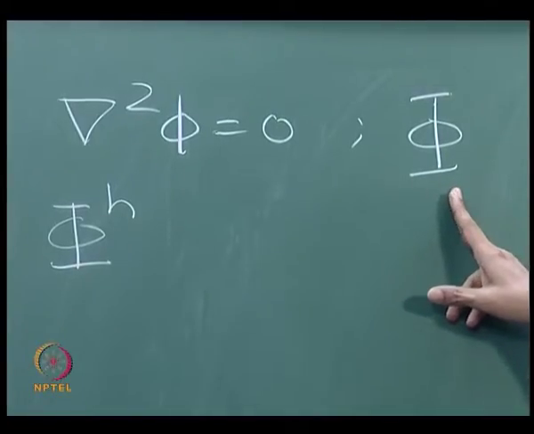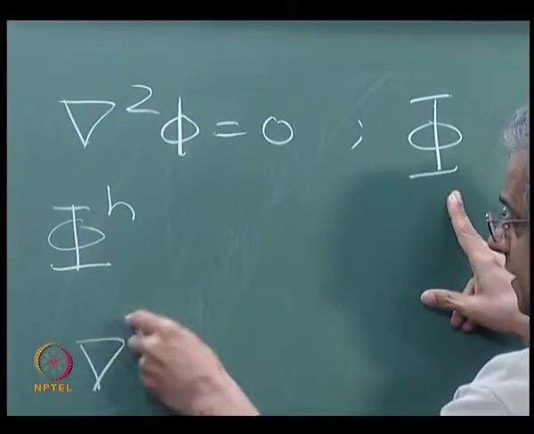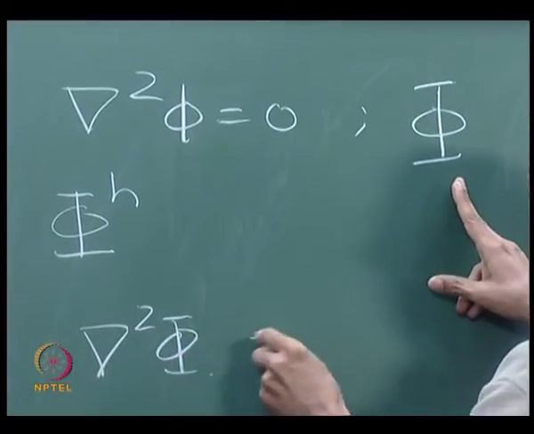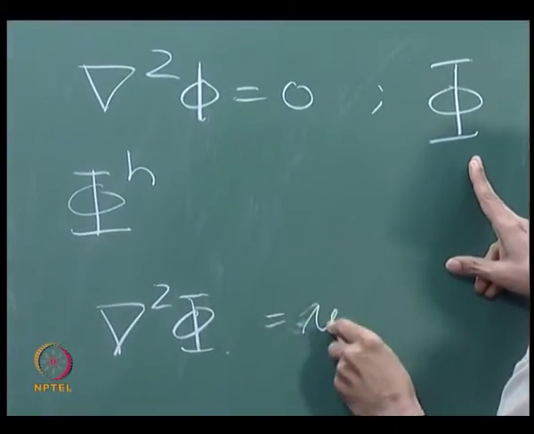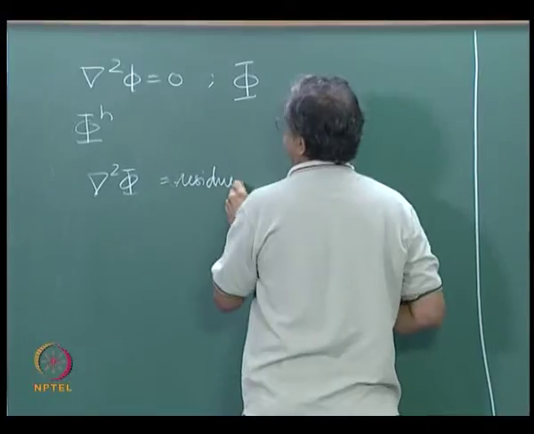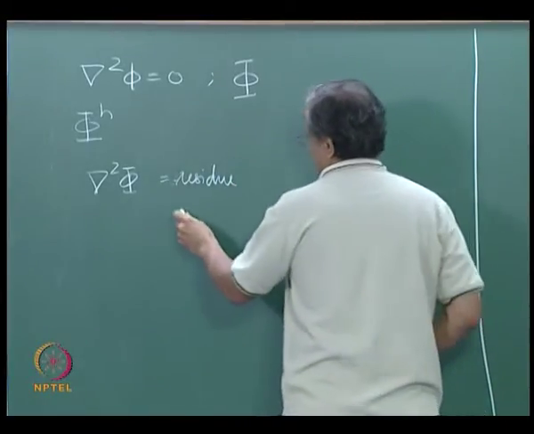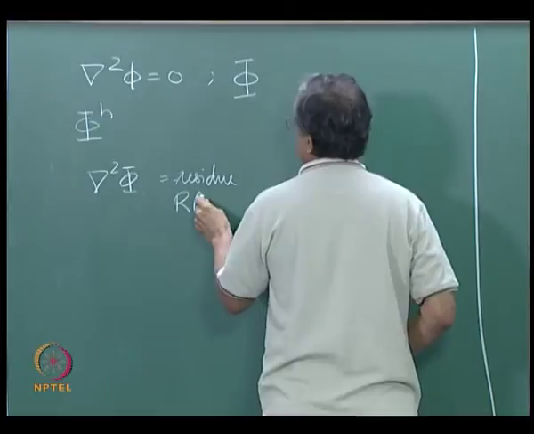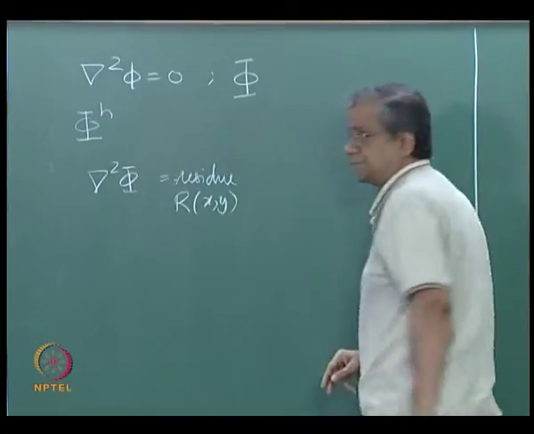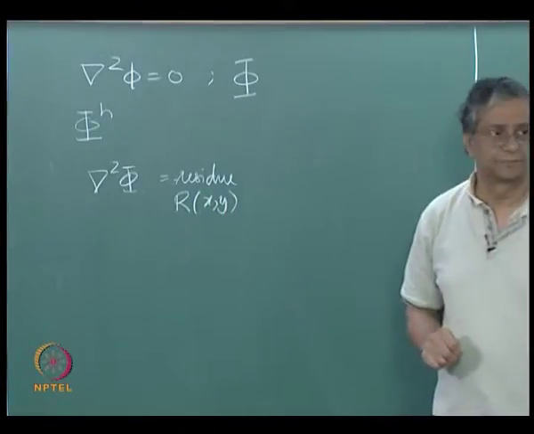But if it is not, then it will leave a residue, that is you will get nabla squared phi equals some residue, you can call it r. In fact in this case in 2 dimensions it would be r of xy, fine.